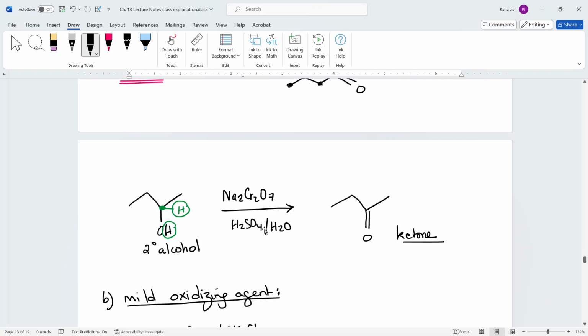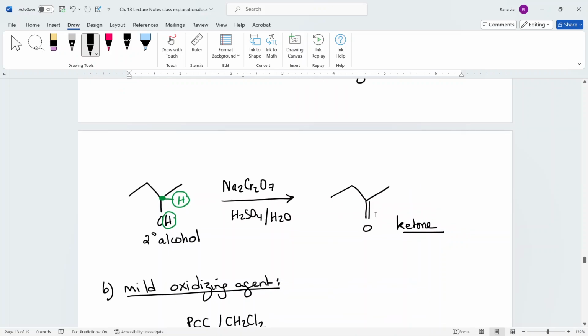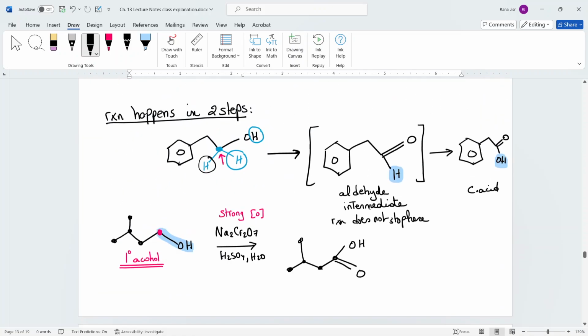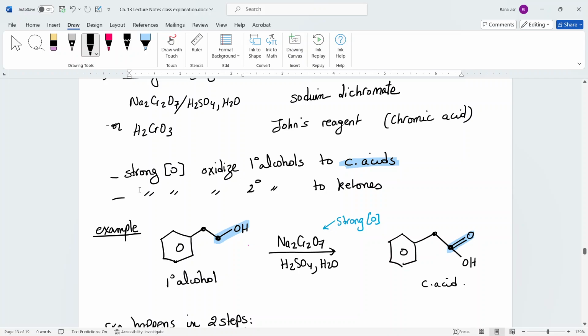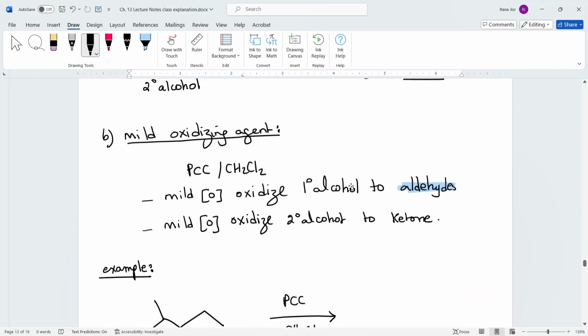So with an oxidizing agent, here it's a strong oxidizing agent, your product is going to be a ketone, and there will be no further oxidation of the ketone. Here I had an aldehyde, so I could do oxidation and change the hydrogen into an OH. But here I have no further hydrogen to oxidize, so I'm going to end up getting my ketone. So again, back here, if you're using a strong oxidizing agent, secondary alcohols always are oxidized into ketones. This is one type of oxidizing agent, which is strong.